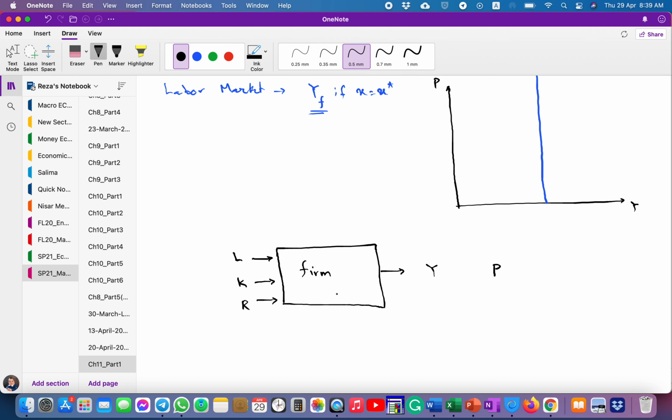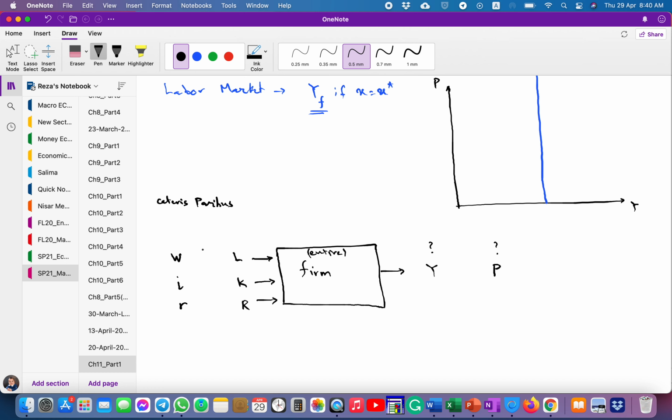So this is the entire economy, not only one firm: all firms will decide how much to produce if they know the price index, everything else ceteris paribus. The labor market, capital market, and resource market each have their own prices: the labor market has the wage, the capital market determines the interest, and the resource market the rent.